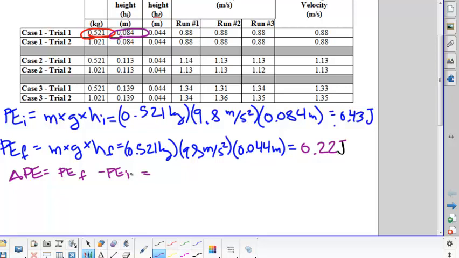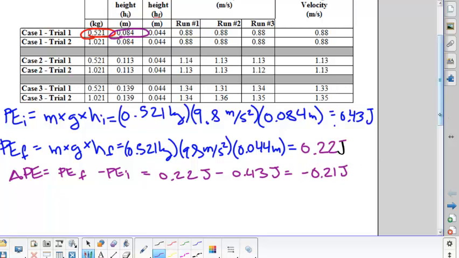So let's plug that in. PEF is 0.22 minus PEI was 0.43, which gives me, quick mental math, negative 0.21 joules.